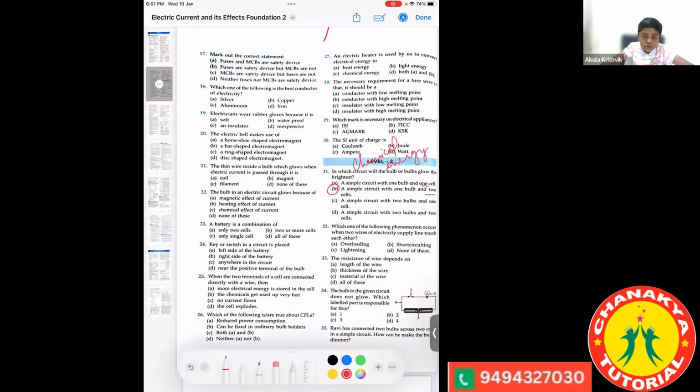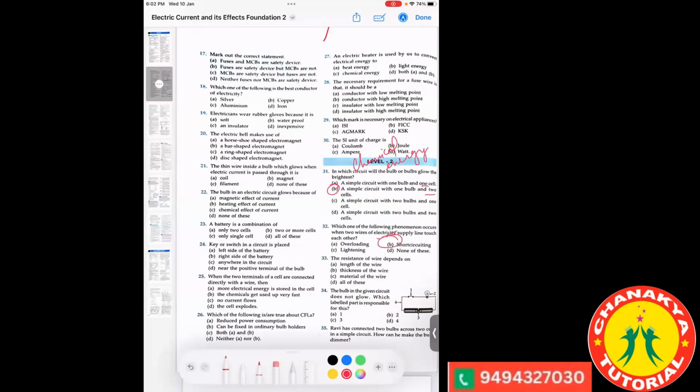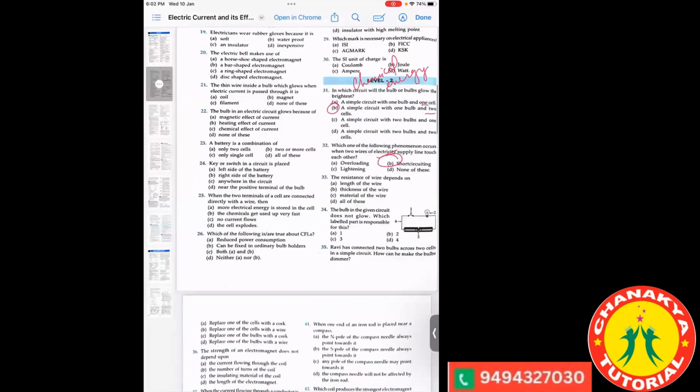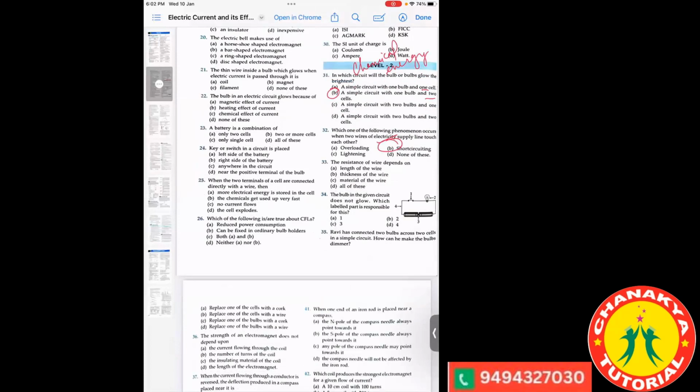Kritvik, question number 32. It is written, which one of the following phenomena occurs when two wires of the electricity supply line touch each other? Ma'am, I think it's option B also. Yeah, it is option B, short circuiting. When two wires touch each other, that is called short circuiting.